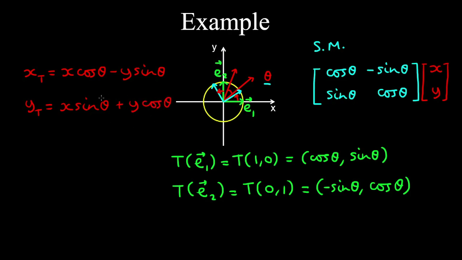So these are called the rotation equations for R2. So these equations are for a counterclockwise rotation. But if we wanted to rotate a vector clockwise by the same angle, then you just replace theta with minus theta.